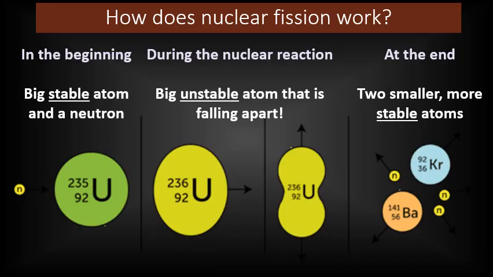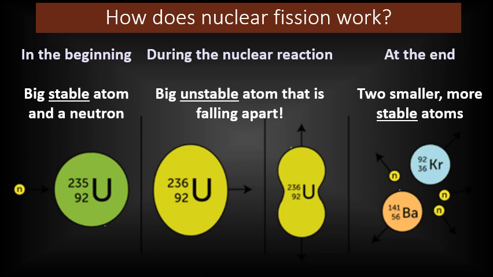So, a quick schematic. In the beginning we have uranium-235, and it says stable, but that means relatively stable. It is radioactive on its own, but it takes a long time for it to break down. Uranium-235 is hit with a neutron. So this neutron goes flying in there, and you can see that the mass number in the middle is increased to 236 because it has that extra neutron, but it's still uranium because the number of protons didn't change.